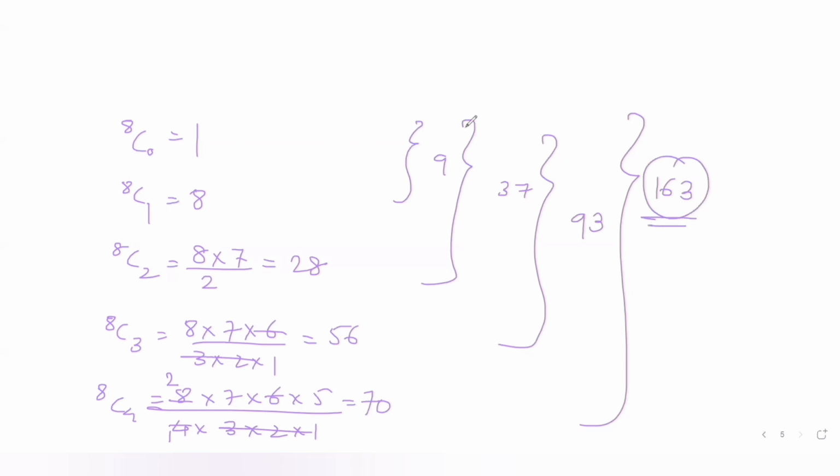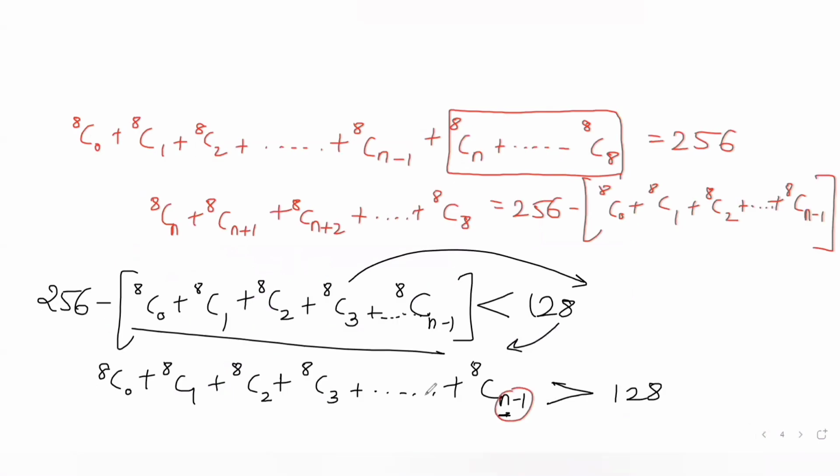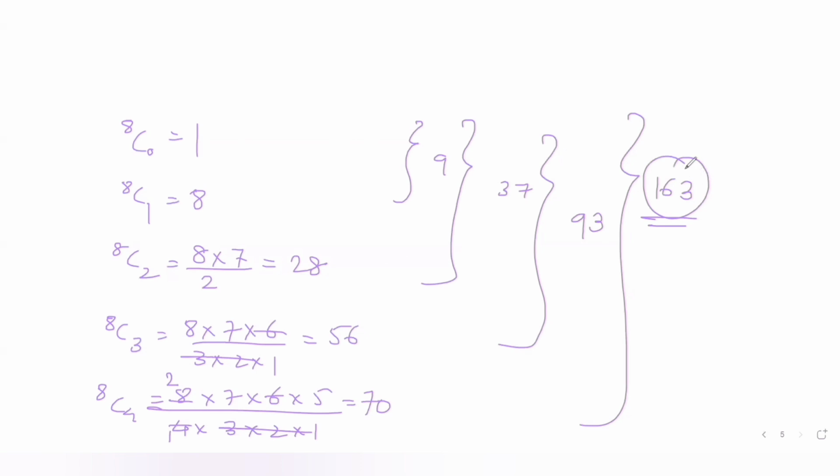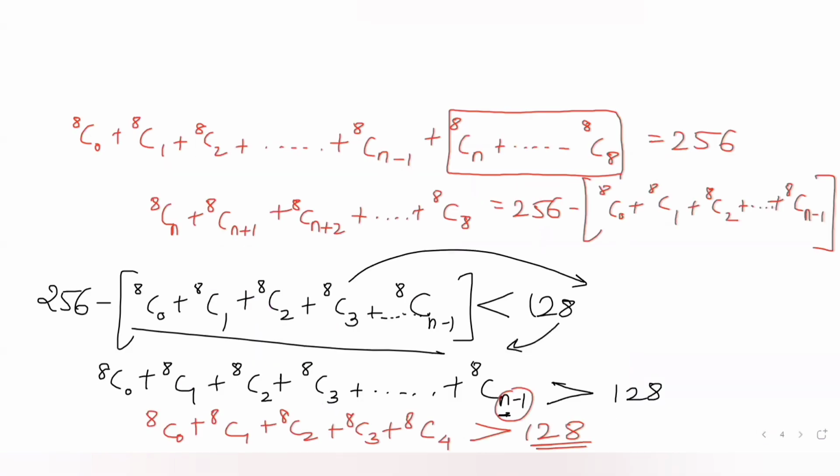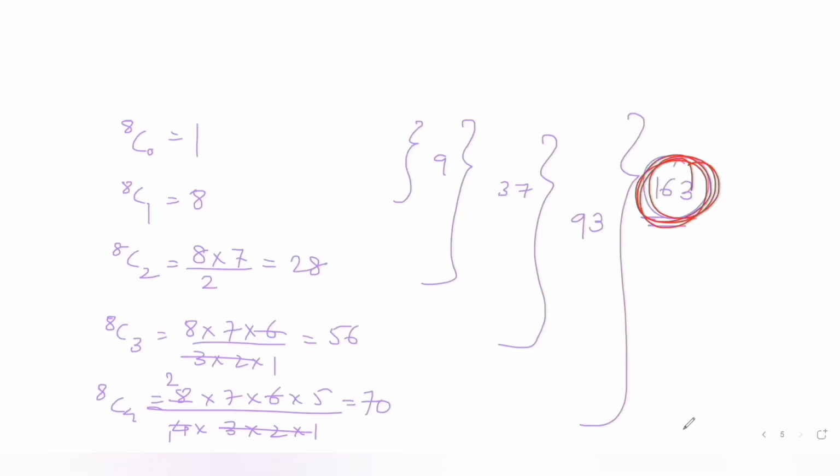So I understand the smallest value of n such that, if I'm adding all of this, I get 8C0, 8C1, 8C2, 8C3, and 8C4. This is the smallest value of n, which makes it greater than 128 because you're getting the total sum as 163. And if you compare it, you get n minus 1 is equal to 4.